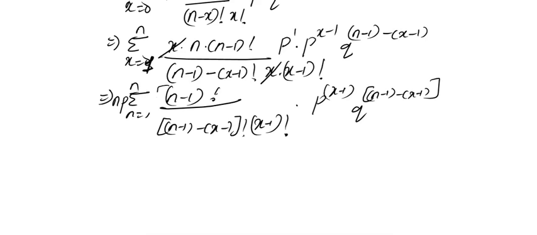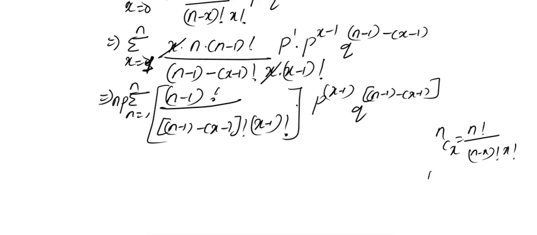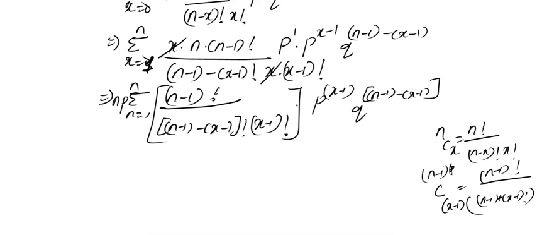So you can see the first term, this is an expansion of nCx, that is n factorial by (n minus x) factorial into x factorial. Instead of n, I have n minus 1. Instead of x, I have x minus 1. That's the only difference, right? So I hope this is clear.